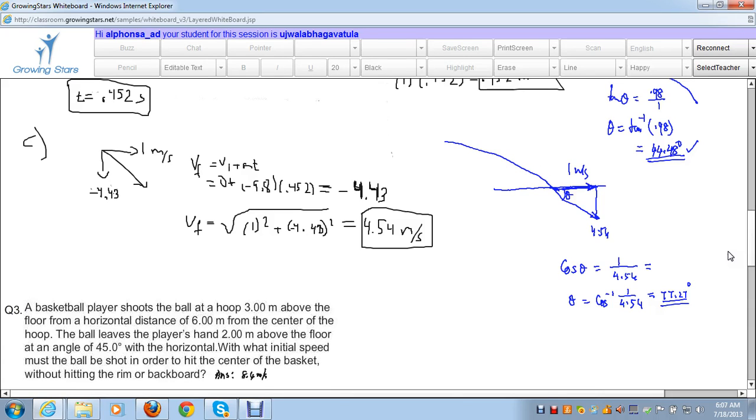3 meters above the floor. Correct. And he's throwing it. His hand is 2 meters above the floor.